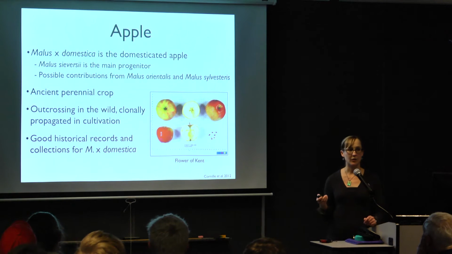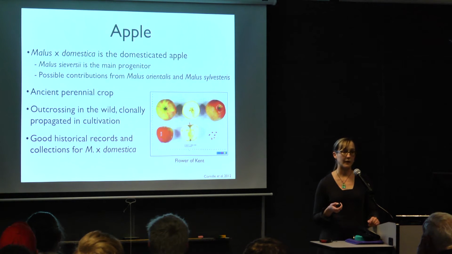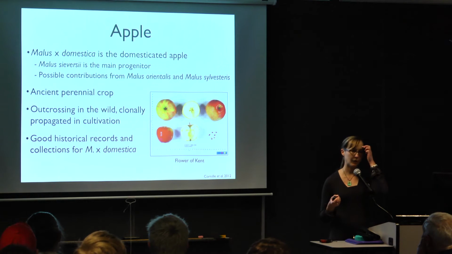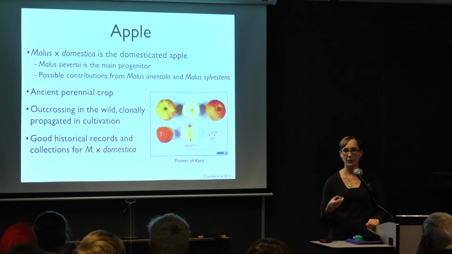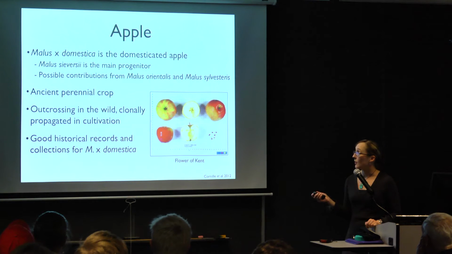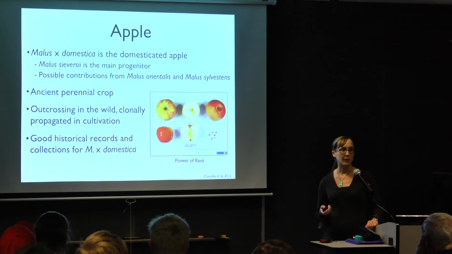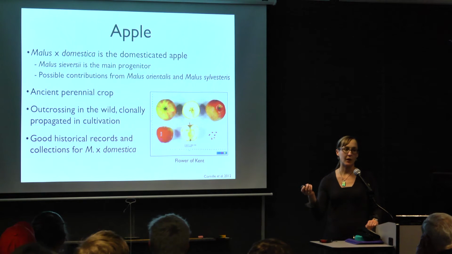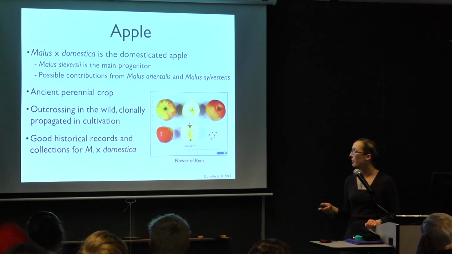We don't have a good fix on the date of origin as far as I know, but we do have evidence that it was being clonally propagated by 3,000 years ago, so that's the most recent estimate or the upper limit on its origin. And like many perennial fruit crops, it's outcrossing in the wild, self-incompatible, but it's clonally propagated under domestication. So we graft these scions onto rootstocks, and that's how we propagate the crop.